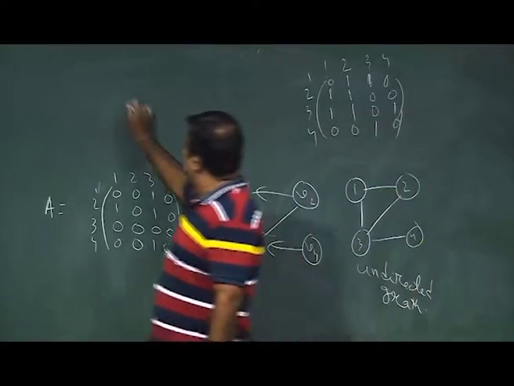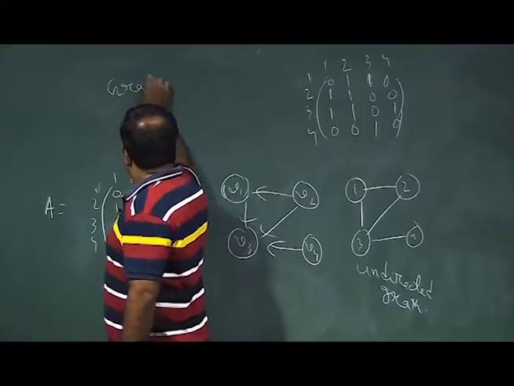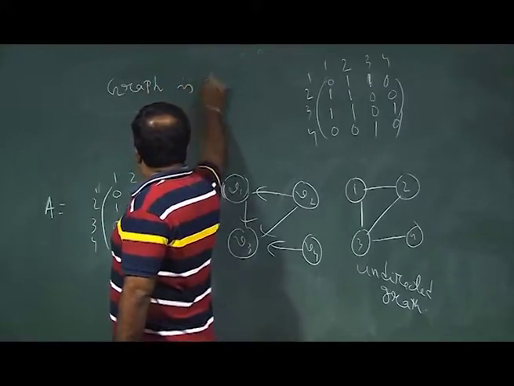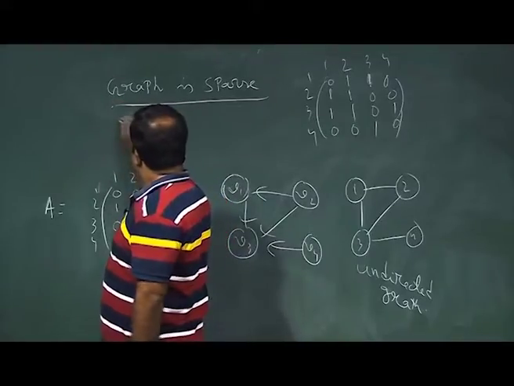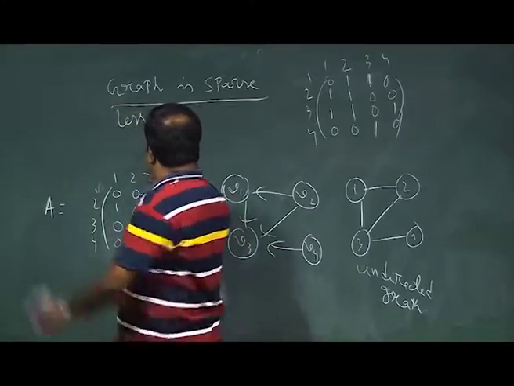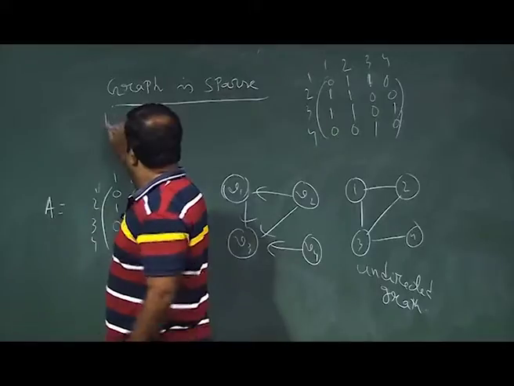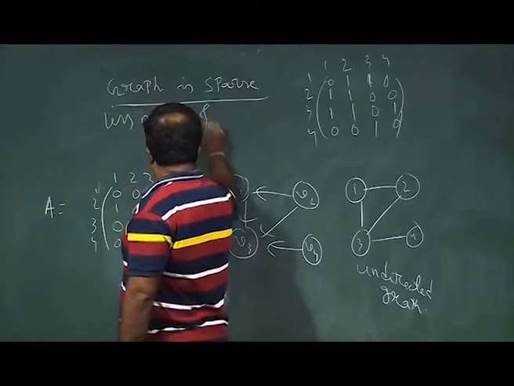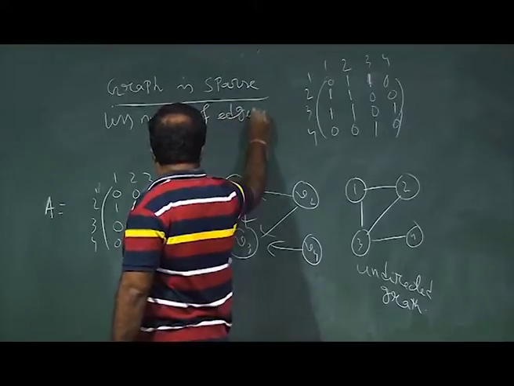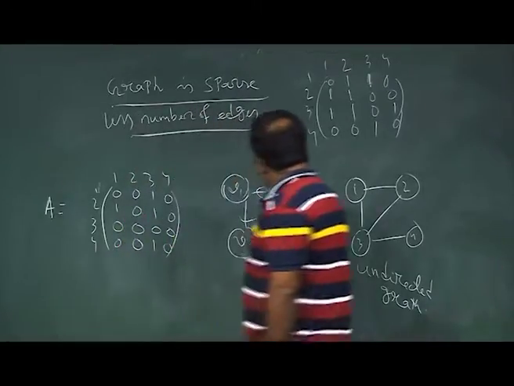Suppose the graph is sparse, so that means fewer edges. Okay. Then what will happen?